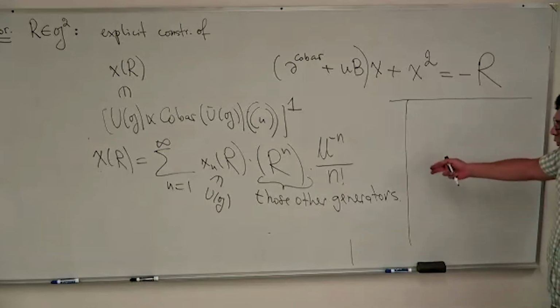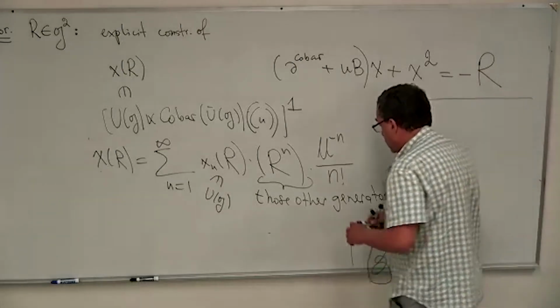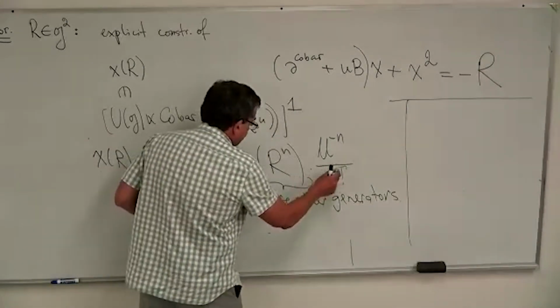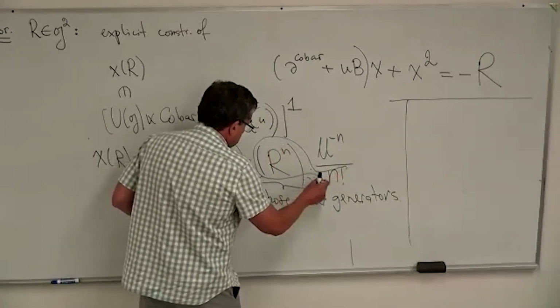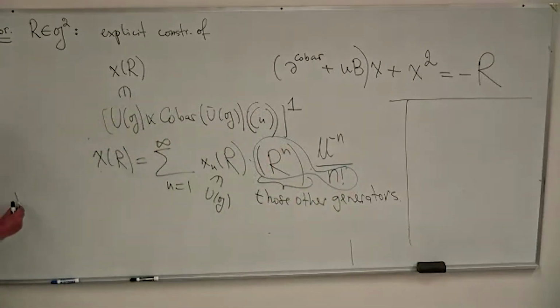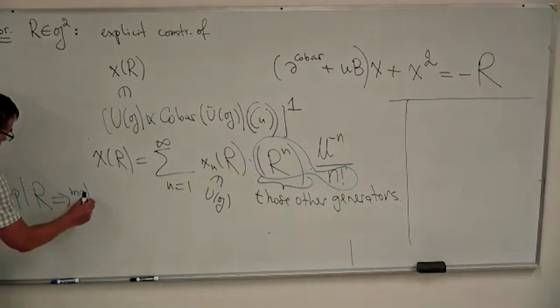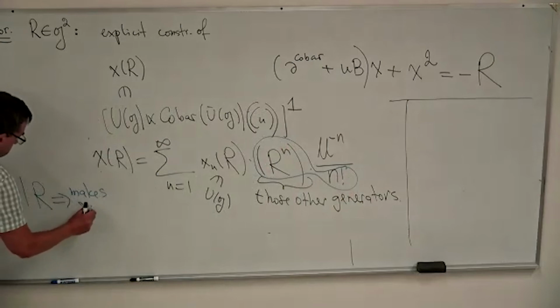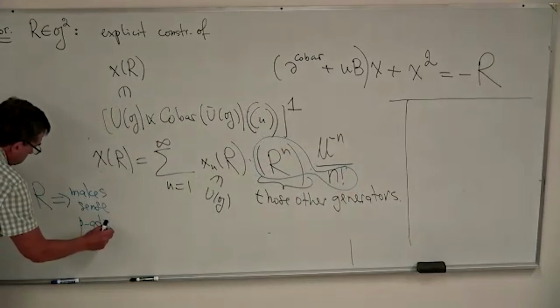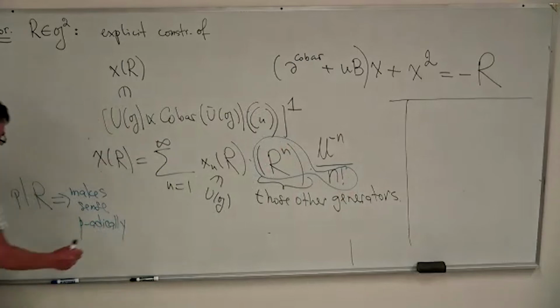But so what's important to me? Two things. First of all, maybe if R is divisible by P, it makes sense periodically.